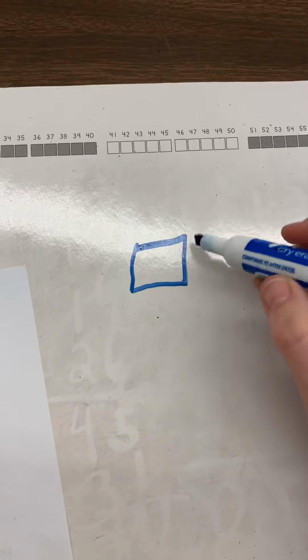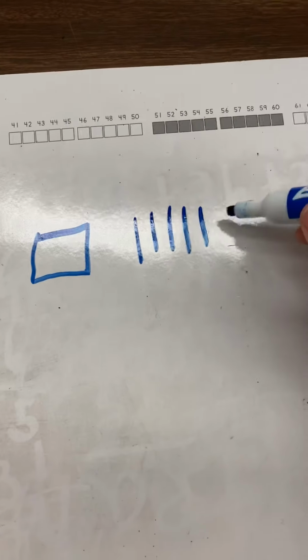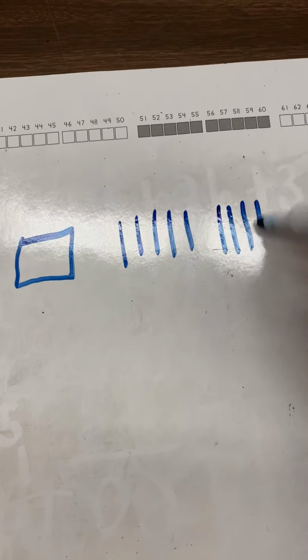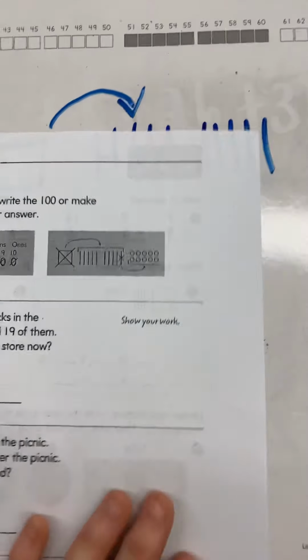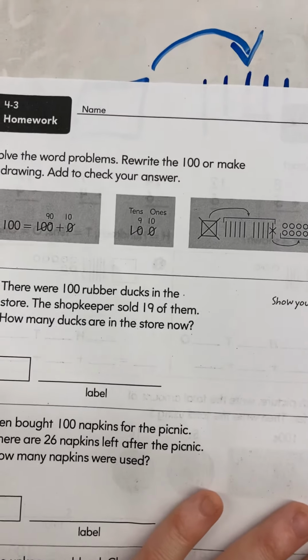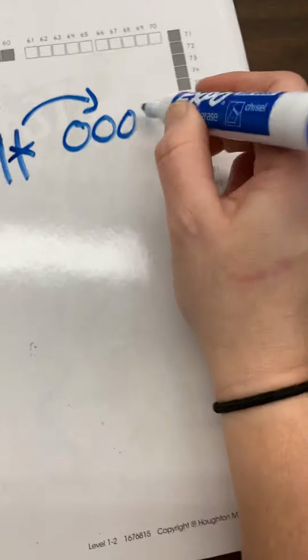And if we think about the 100 square, that's really 10 sticks. 6, 7, 8, 9, 10. And so we're changing the 100 square into 10 sticks, okay? And then as you see, they're going to then take those 10 sticks, take one away, and turn it into 10 ones.